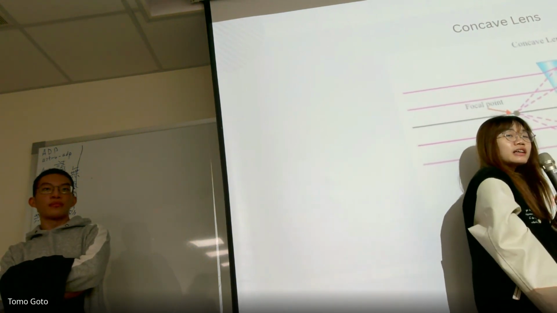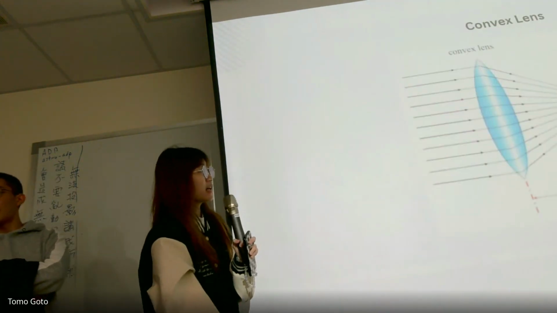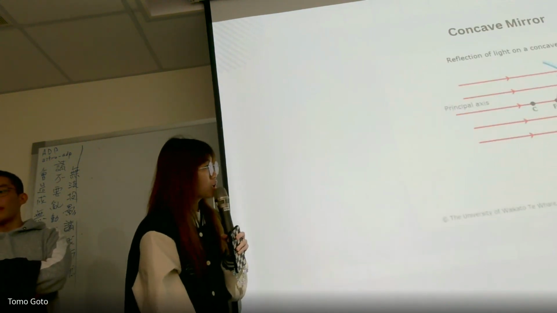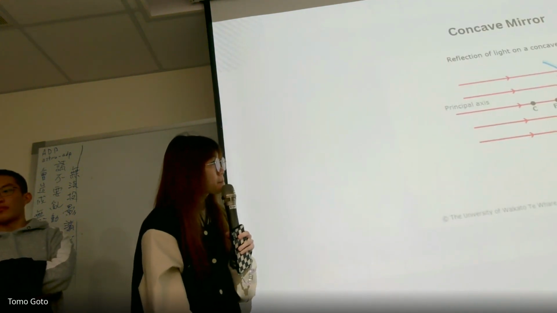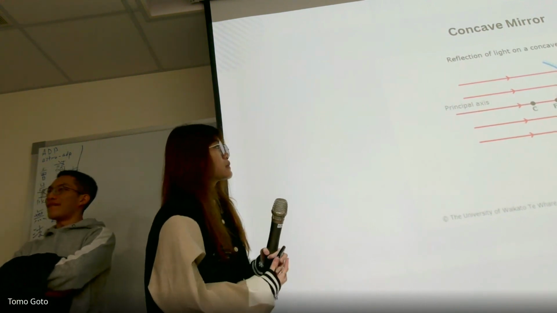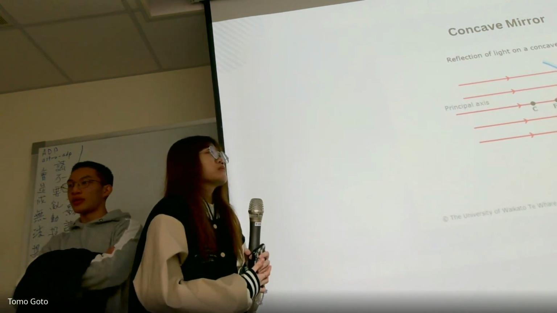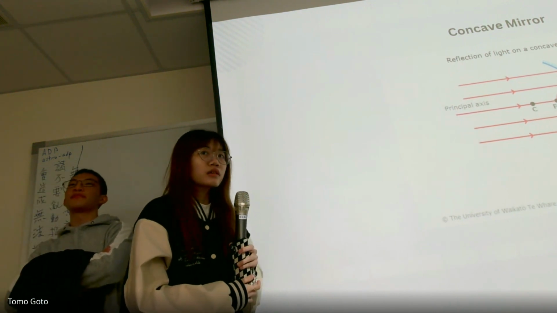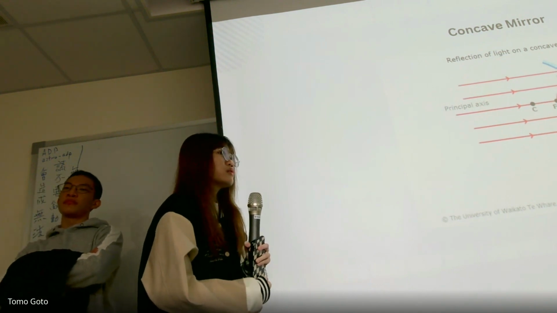Can you go back one more slide? Back. Yeah, here. So how do you make sure the waves don't cancel each other? In other words, under what kind of condition do the waves cancel each other at the focal point?